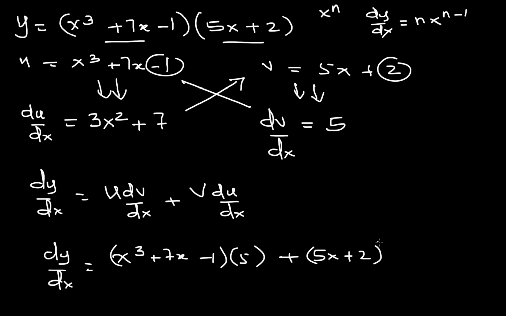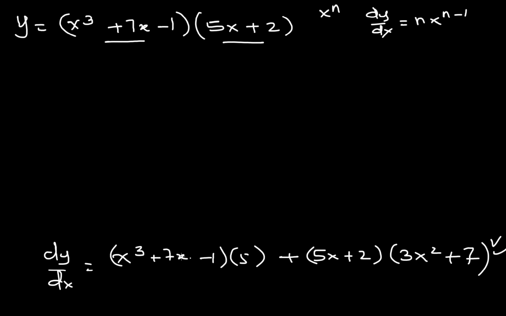Then we get the du/dx, which is 3x^2 + 7. We can go on and simplify these to get our finalized answer. But otherwise, this is the derivative.